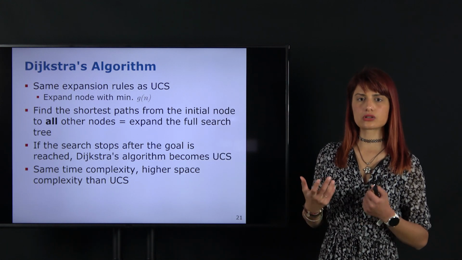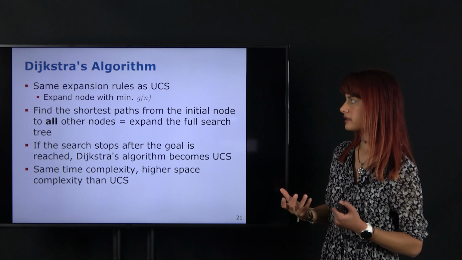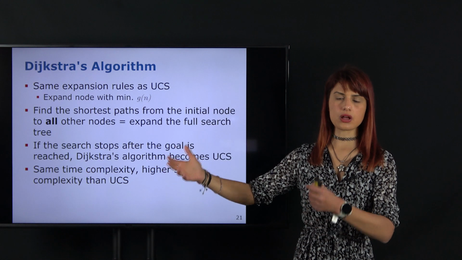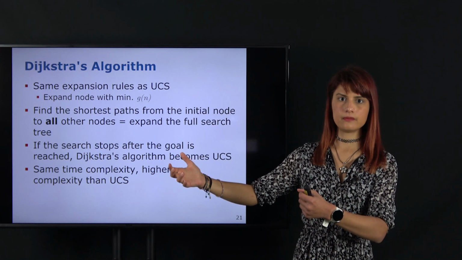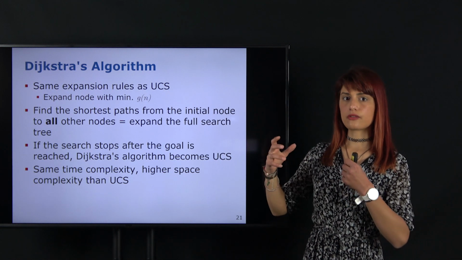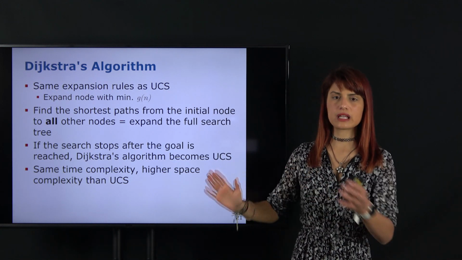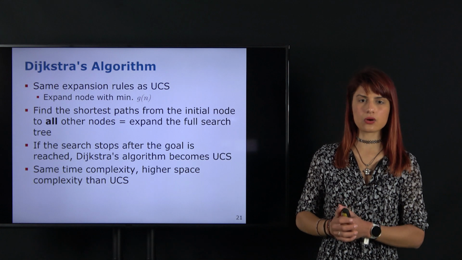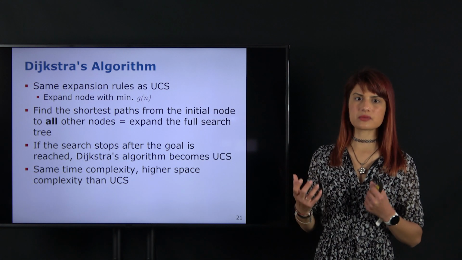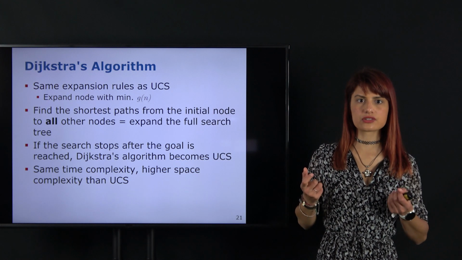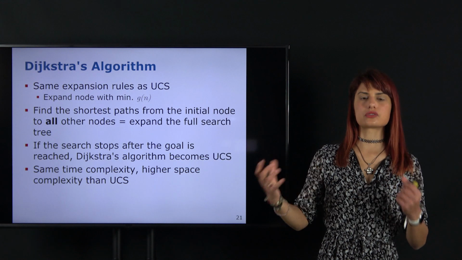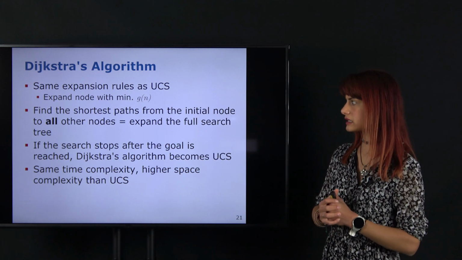If we have a graph, we want to find the shortest path from the initial node to all other possible nodes. In uniform cost search, we follow the same procedure, but we end the search when we encounter the goal. In Dijkstra, there is no concept of the goal, so we take the whole search tree and we can have all the shortest paths from a start to all the other nodes. So this is a key difference.